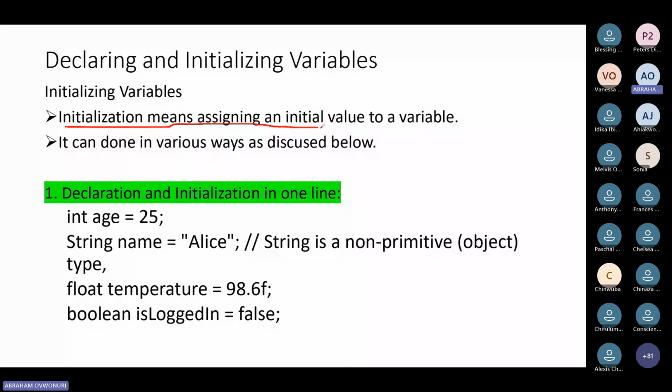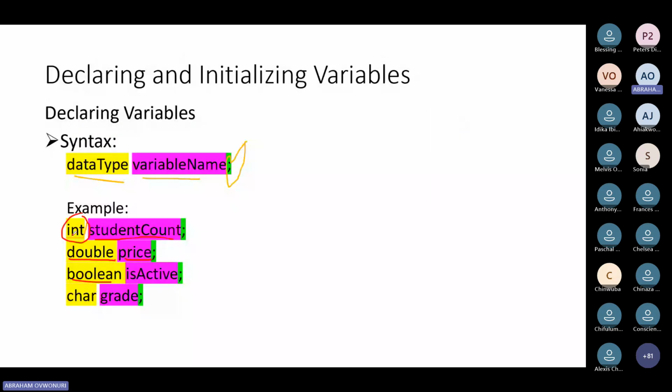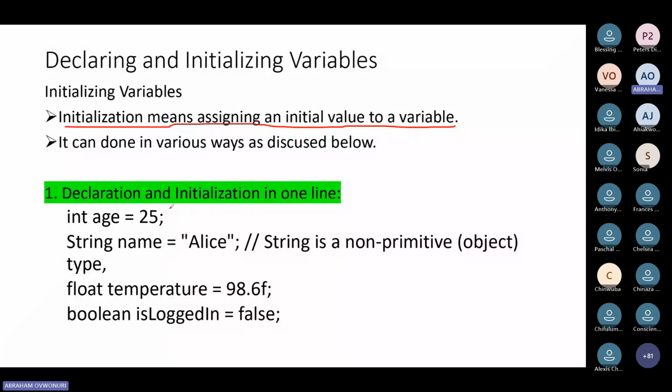Meanwhile, in the previous slide, we were talking about just the data type, variable name and semicolon. In this one, we want to initialize all of them together. So you see data type, variable name age, then an assignment operator, and the value that is assigned to it, and a semicolon. So in this case, we are declaring the variable and initializing it in one line.